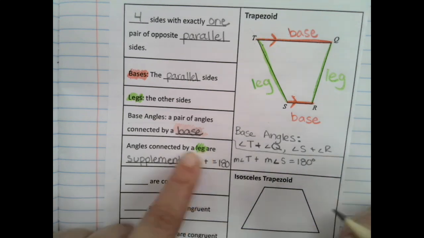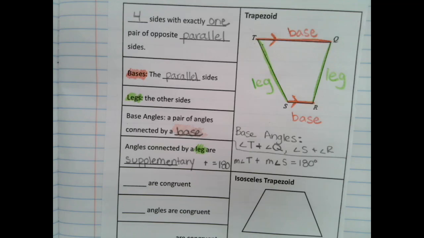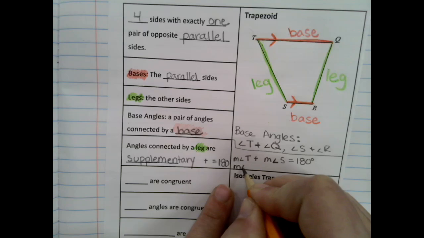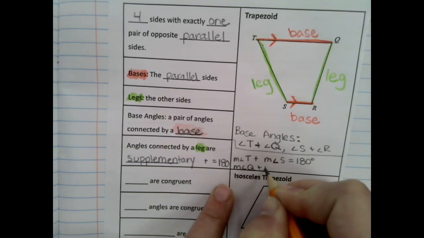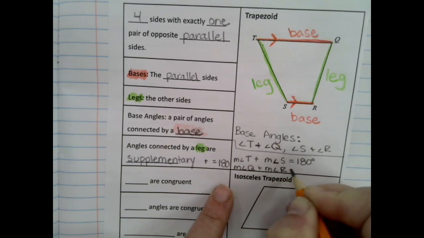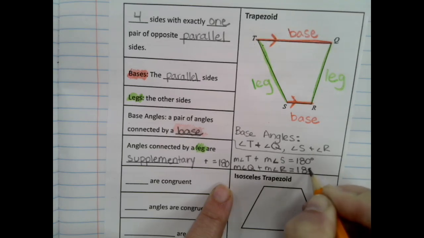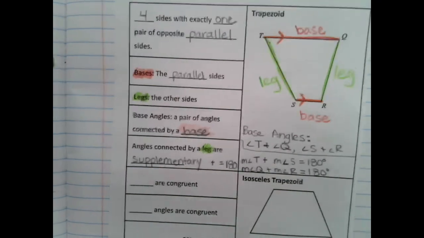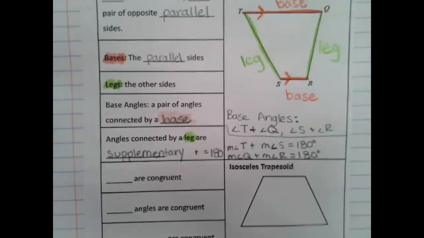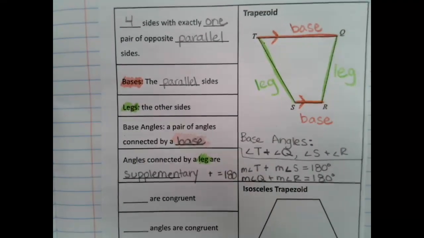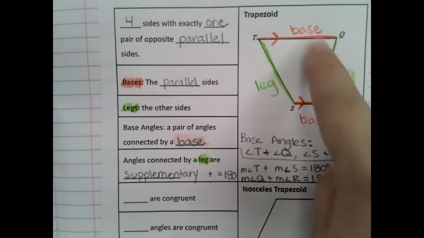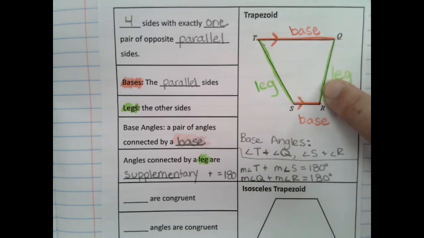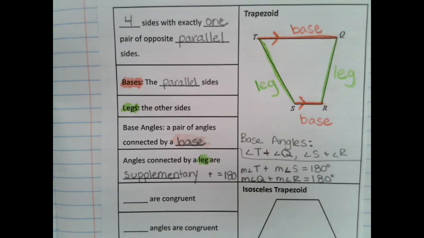What other two angles, when I add them together, would make 180 degrees? Good, Q and R. Nice. So as we look, base angles are next to each other, connected by a base. Leg angles are also next to each other, but they're connected by a leg.